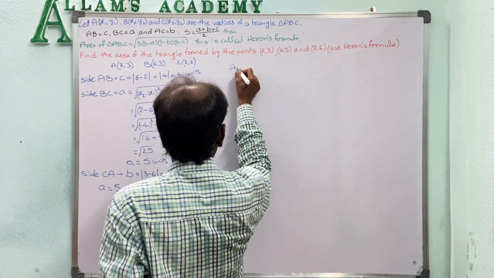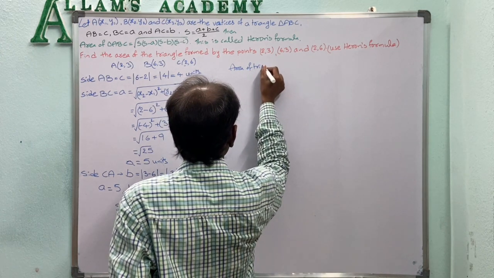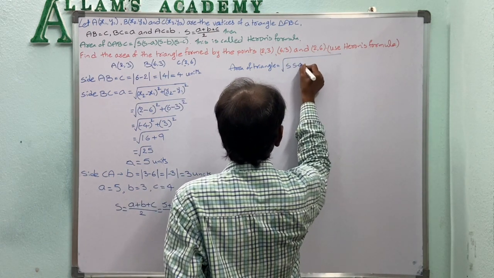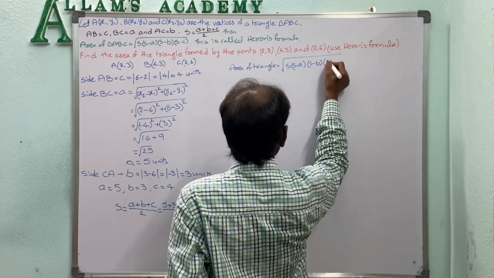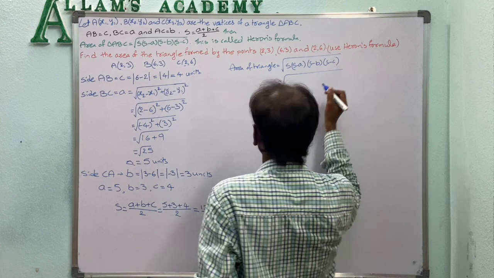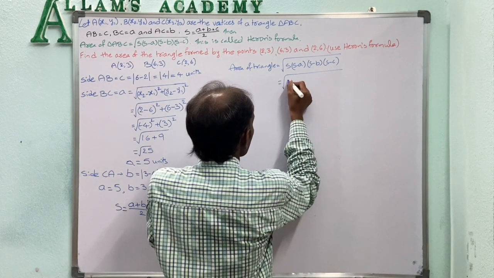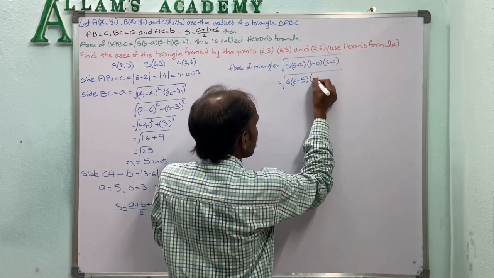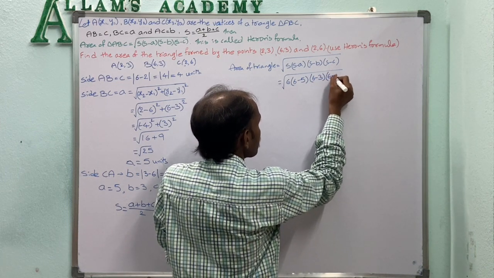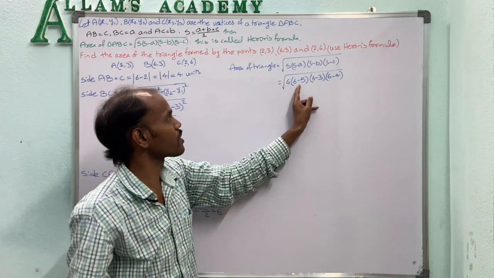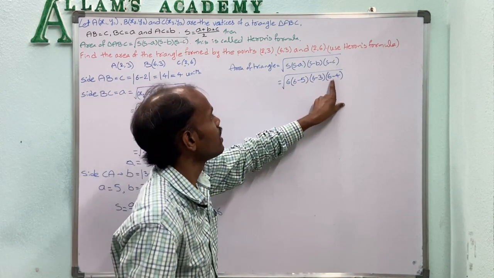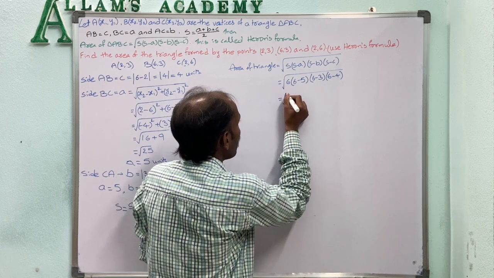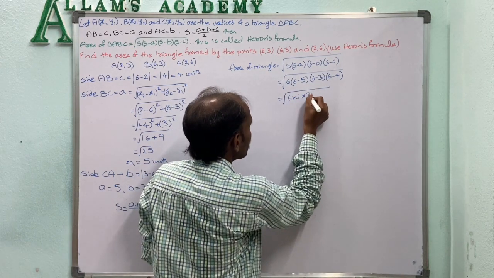Now the area of the triangle equals the square root of s into (s minus a) into (s minus b) into (s minus c), that equals the square root of 6 into (6 minus 5) into (6 minus 3) into (6 minus 4). 6 minus 4 equals 2, 6 minus 3 equals 3, 6 minus 5 equals 1, so that equals the square root of 6 into 1 into 3 into 2.